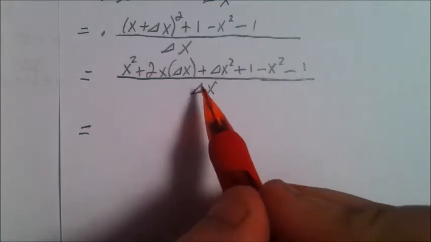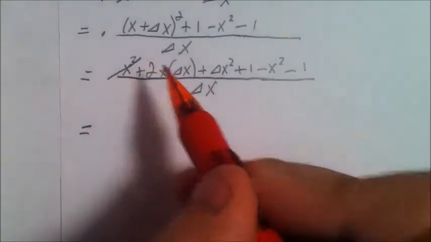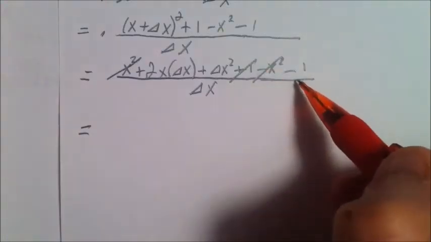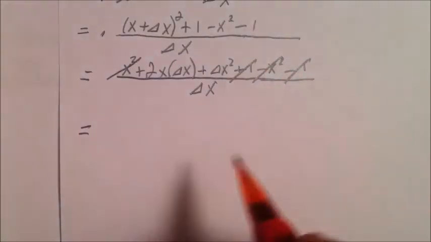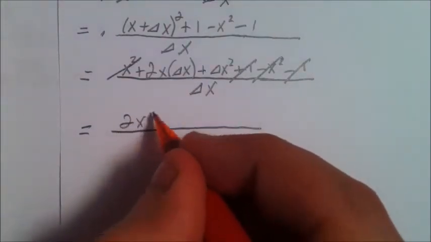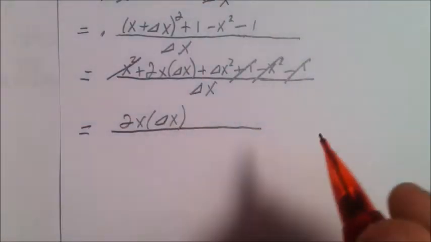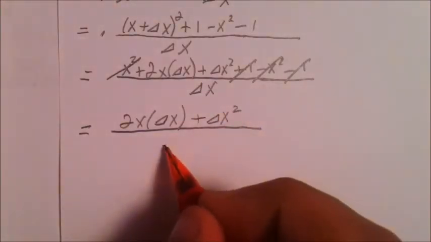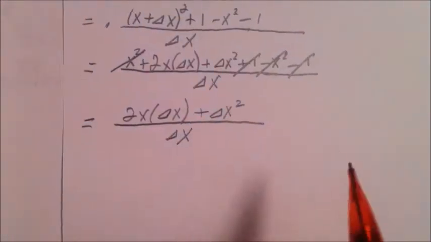Now, we can further simplify this by recognizing that these x squares pretty much subtract themselves out, and likewise these 1's. So what we have left here is 2x times delta x plus delta x squared, all divided by delta x.